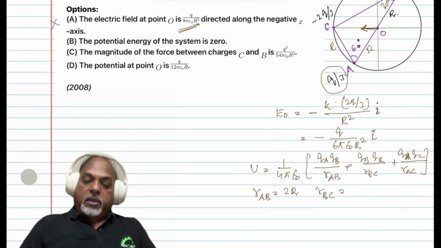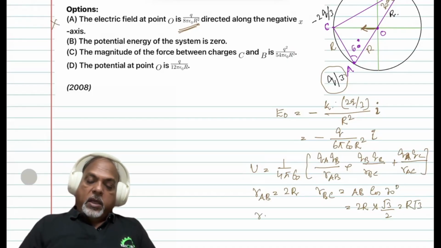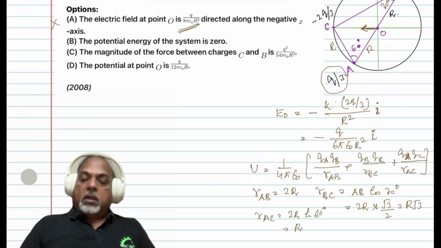RBC we can write as AB into cos 30 degree, which is 2R into root 3 by 2, and this will be equal to R root 3. And what about RAC? RAC is nothing but 2R into cos 60 degree, or you can say it is R.